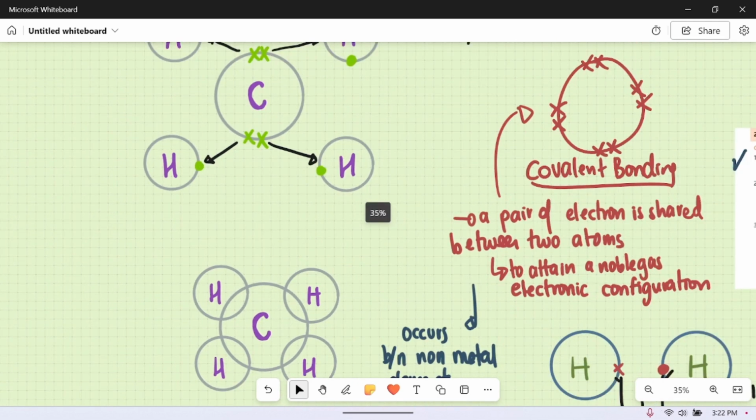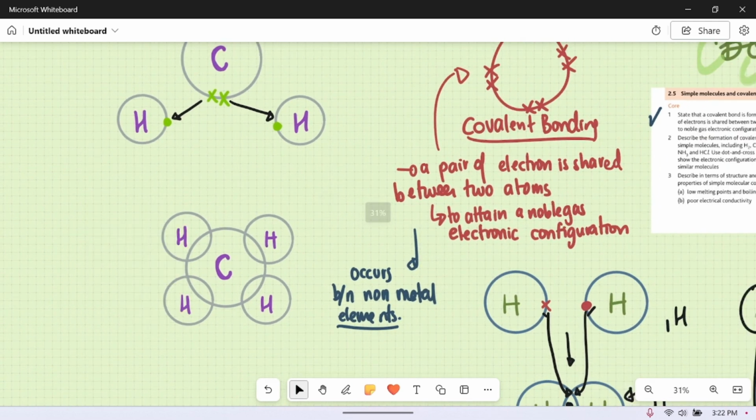So that would give us some sort of image like this. We know that carbon has 4 electrons, so it's going to give each electron to its hydrogen. And then these hydrogens each also have their 1 electron, like that. So there we go. This is one of the simplest ones when you actually think about it, okay?